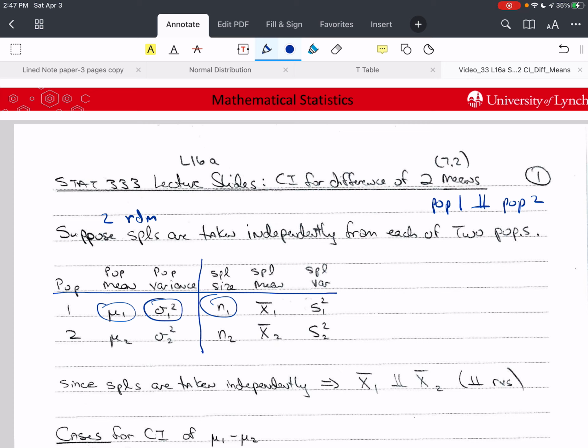Now you might say, well, when would they not be independent? If I have the population of height and the population of weight, and we use the same individuals for both, they are not independent.